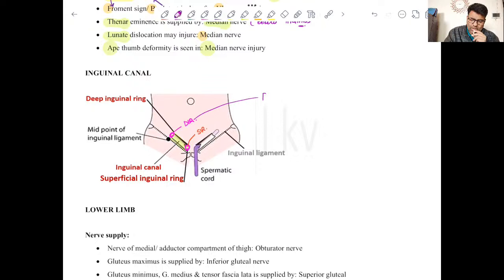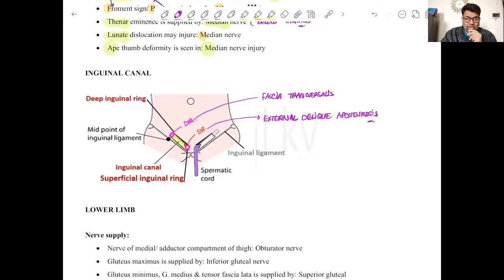So the deep inguinal ring is a defect in the fascia transversalis, and the superficial inguinal ring is a defect in the external oblique aponeurosis. Clear?